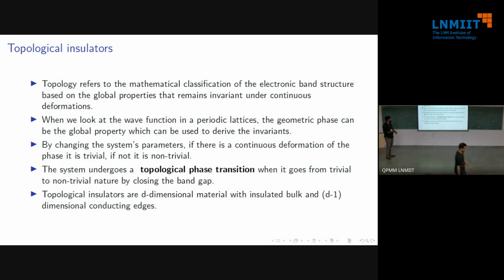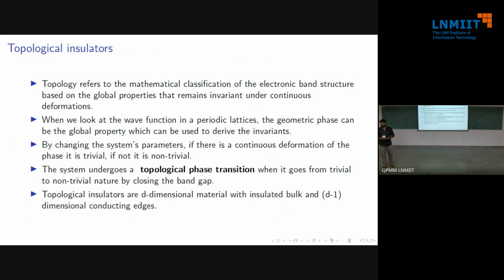This is my understanding. When we have a periodic lattice and a wave function, the geometrical phase can be taken as the global property, with which we can try to derive some invariants which define the topology of the system. If we change the system's parameter and there is a continuous deformation in this global property, the phase, and if the phase goes to 0, then we call it trivial topology.